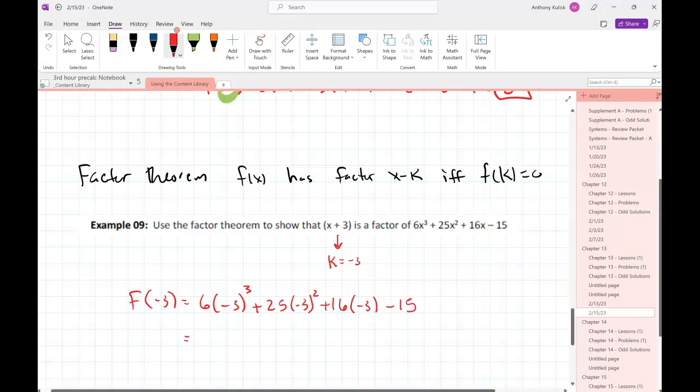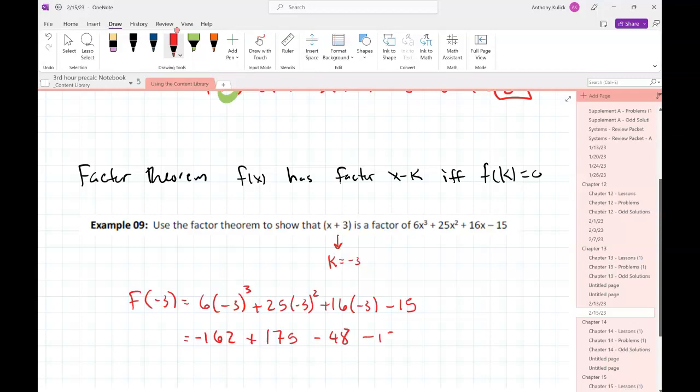what do we get? 6 times 27 is 162. 9 times 25 is 175. Oops, that's -162 though. -3 times 16 is -48.